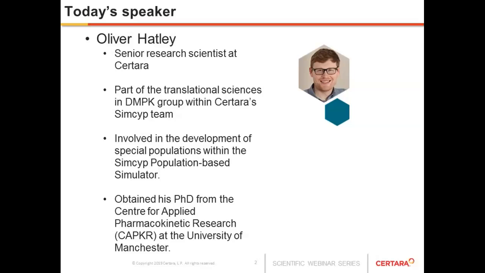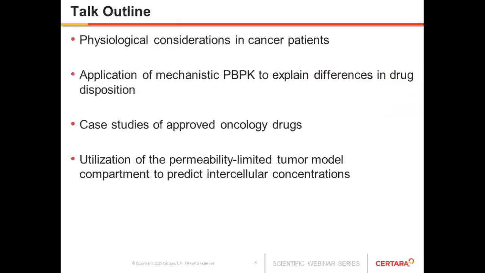Perfect. Thanks, Suzanne. So today, as it's billed, we're going to go through the cancer population and look at how we can use PBPK to determine exposure in cancer patients.